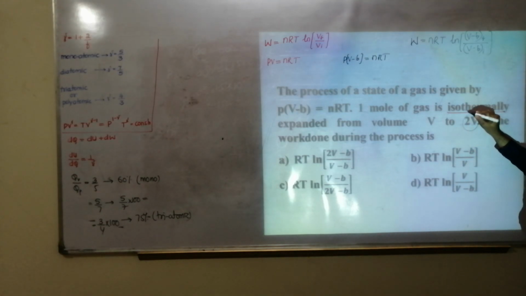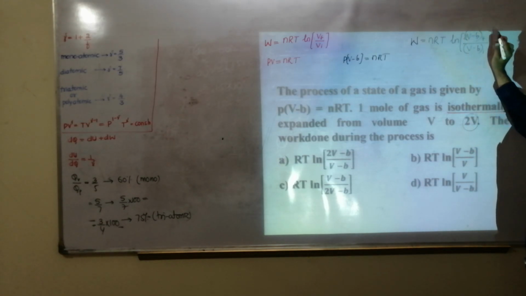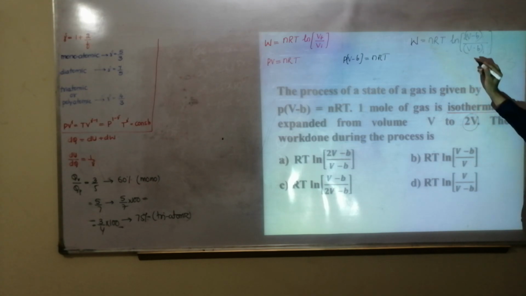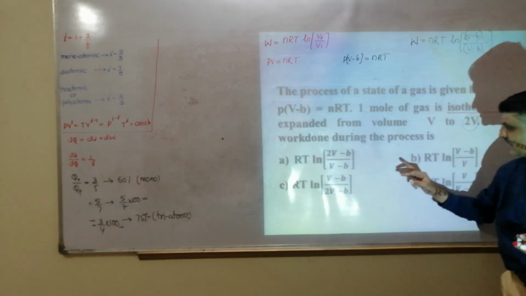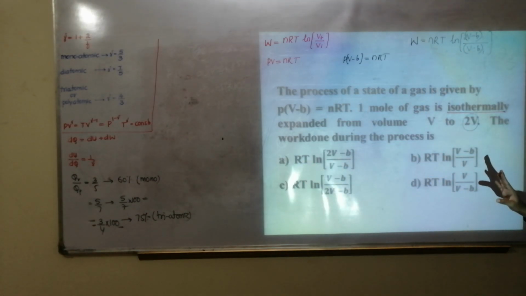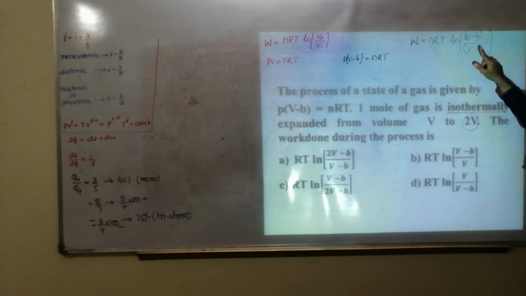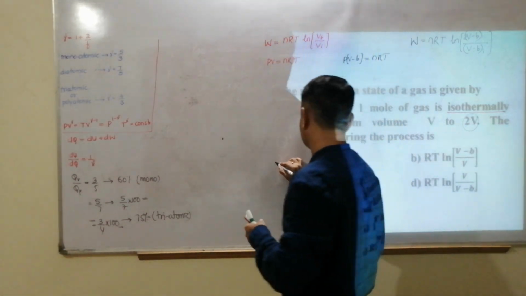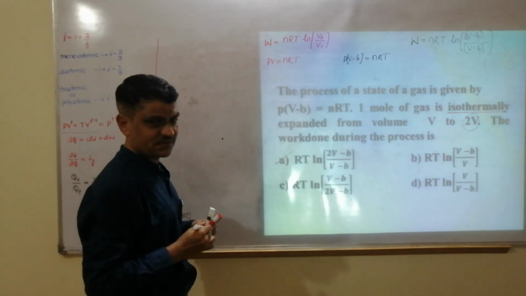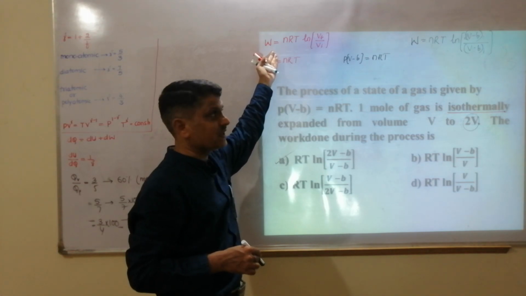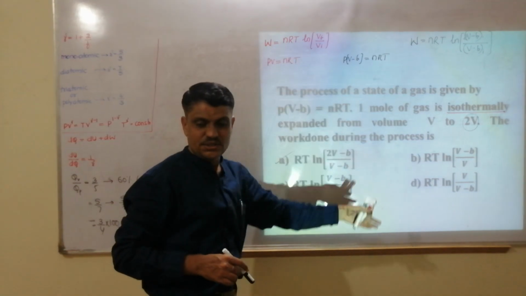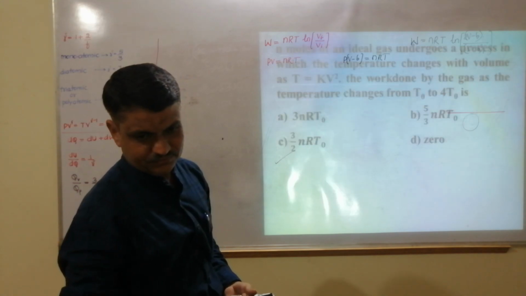So final means 2V, initial means V. Therefore the answer is (2V minus B) divided by (V minus B), because in nRT ln there is no change. So the option is the first one. Even if you follow the method of arriving at the work done in an isothermal process, you get the same.